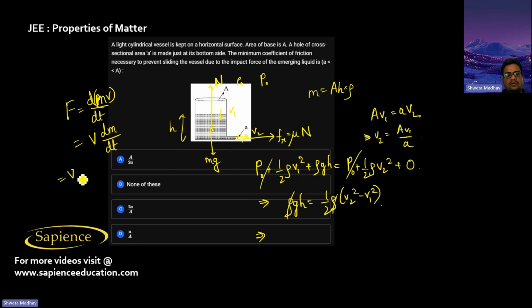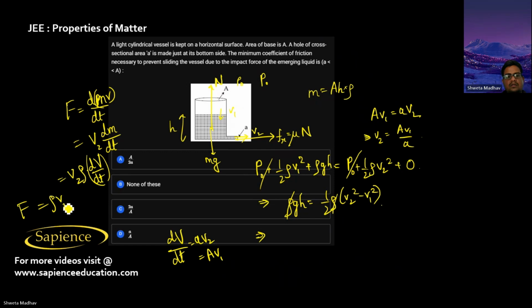So v2 into rho into dV by dt. dV by dt is a into v2, which is also the same as A into v1. So therefore, this will be the force that is applied, that is rho v2 into a into v2, is rho into small a into v2 square.